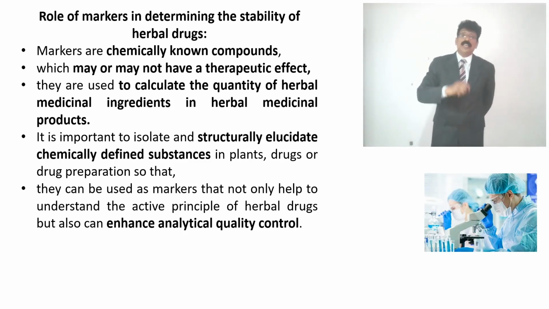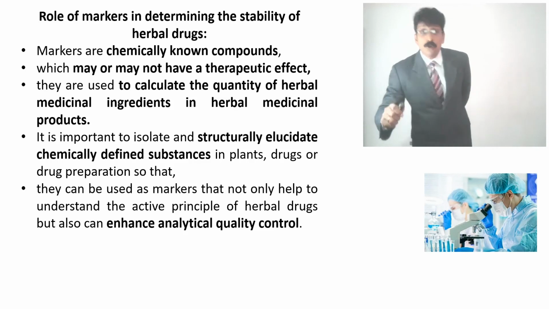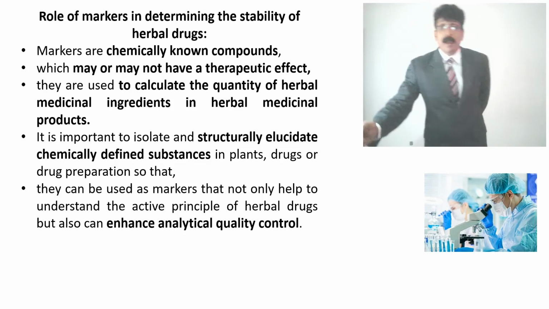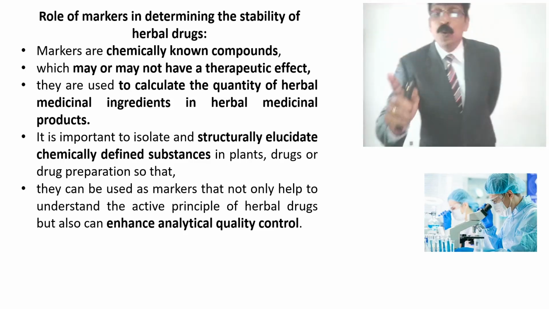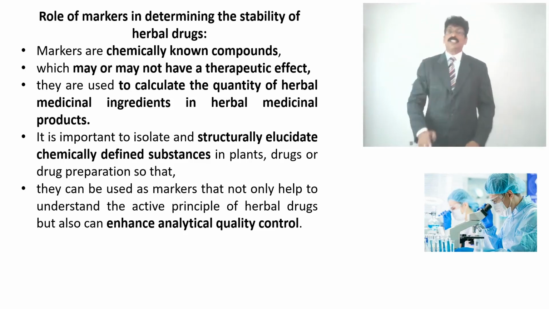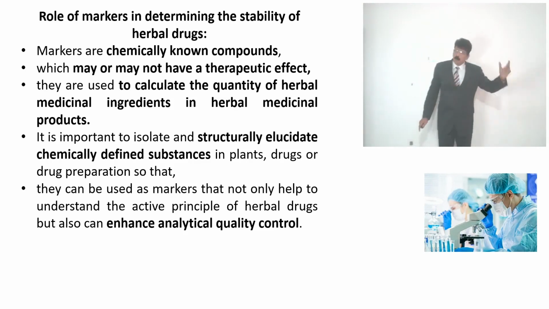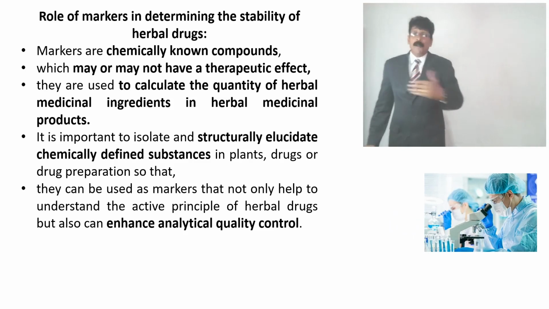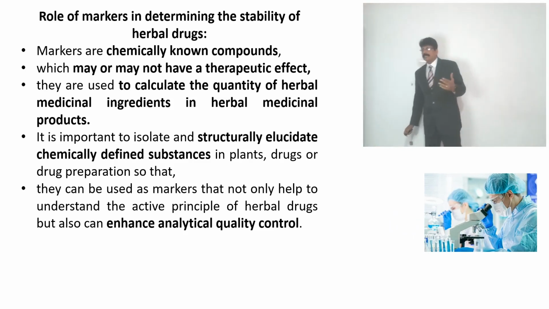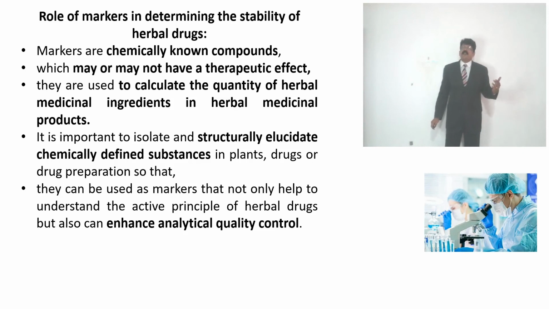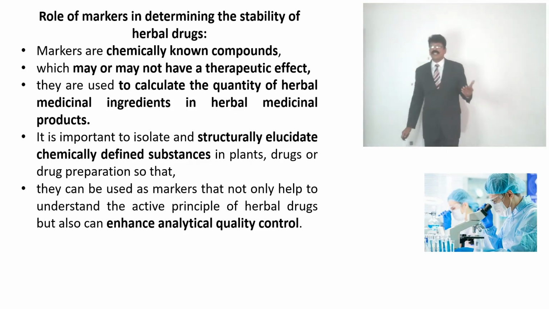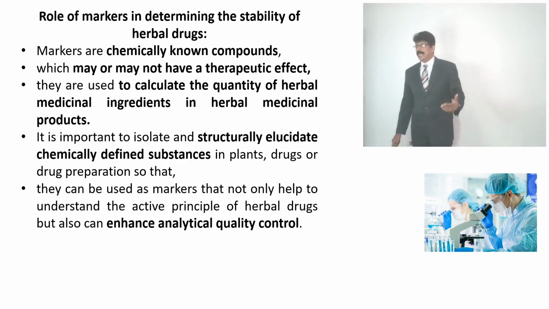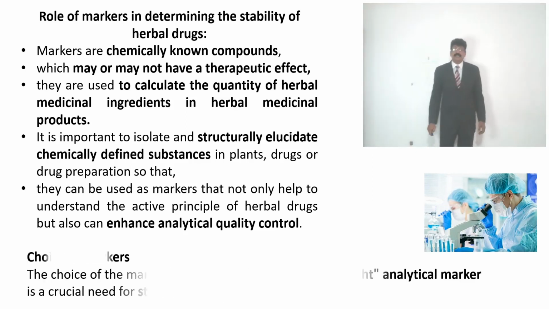Understand? So that is why these markers, if you know the structure, if you elucidate the chemical structure by means of various methodologies, by means of various instrumental applications starting from UV spectroscopy, IR spectroscopy, NMR spectroscopy, mass spectroscopy, emission spectroscopy, all the spectroscopic studies can help us with structural elucidation, and it can also be possible for you to make a marker for your study of stability of various herbal drug technology.